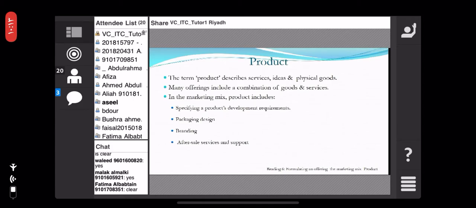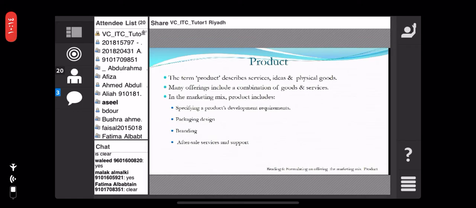When you contact your lawyer, your advocate, basically he is selling his product in the shape of an idea, meaning you are going to him for consultation. So basically he is selling his ideas. He does not have any physical thing to sell.